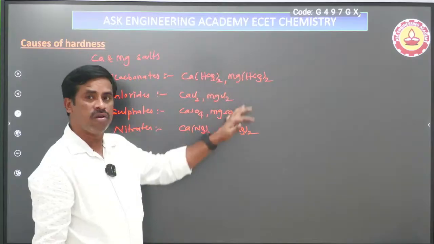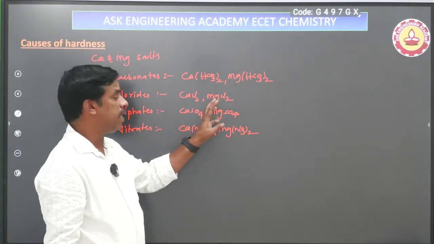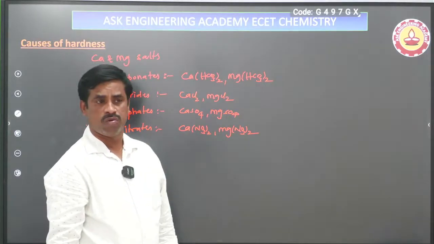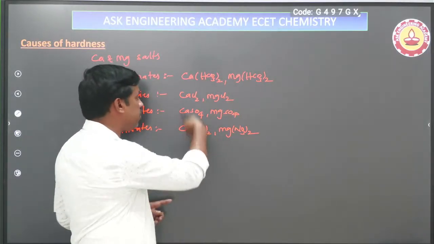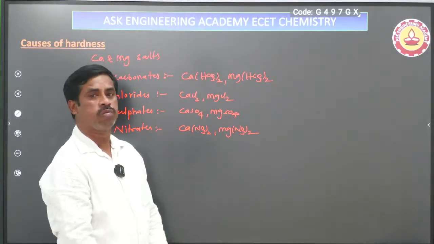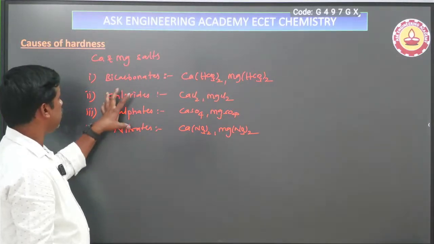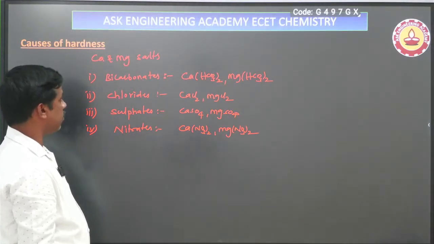Whenever these salts are dissolved in the water, the water is treated as hard water. Whenever these salts are absent, that water is simply treated as soft water. Okay, this is about causes of hardness. These are the salts causing hardness.